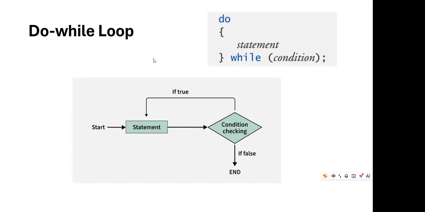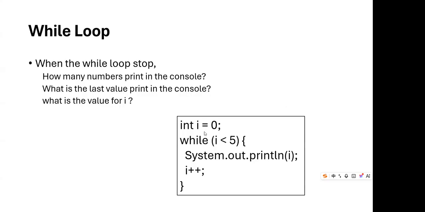And the do while loop is a little bit different from the while loop because for the do while loop, you have to execute the statement at least one time. For the while loop, if you initialize I to 6, you do not necessarily execute the code to print out I there, right?